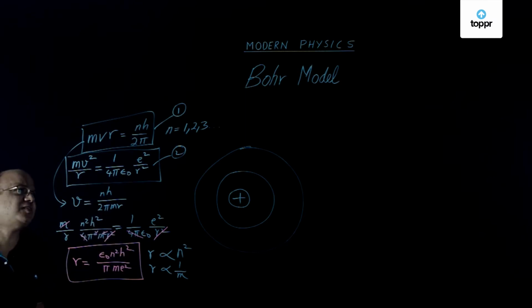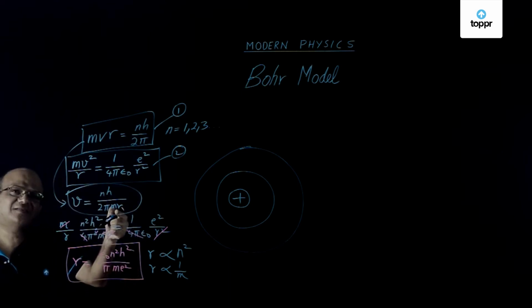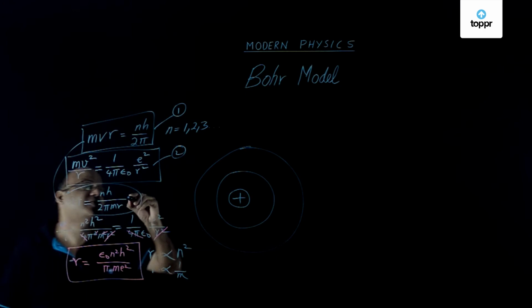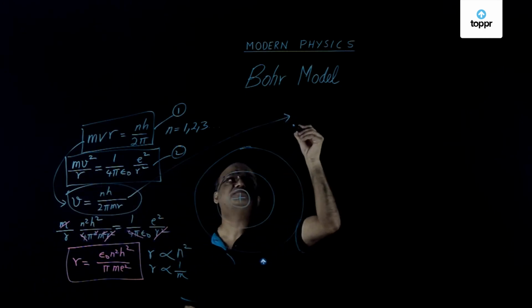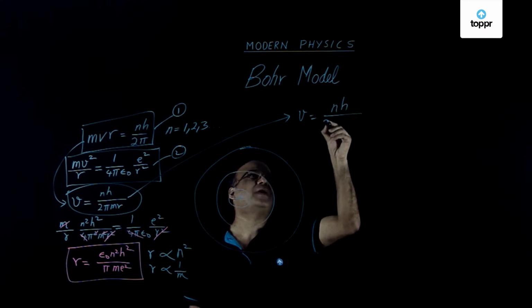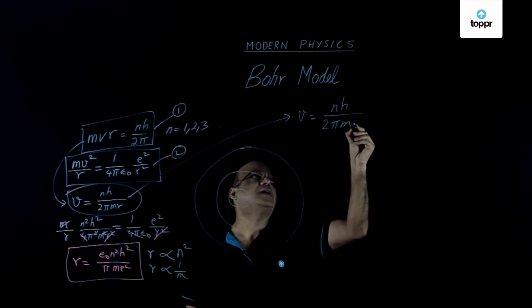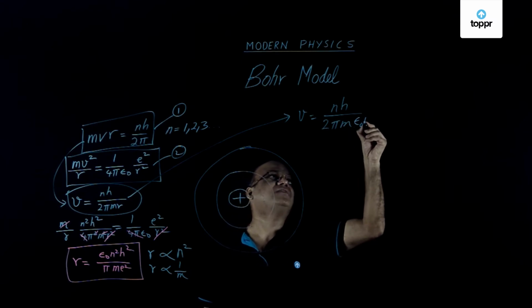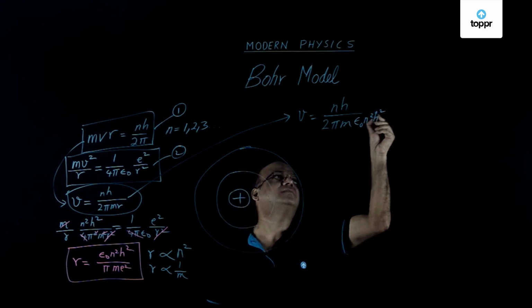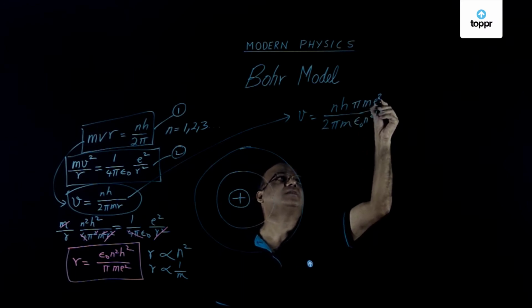Now I want to get velocity. Velocity is here, but we have r here, so we want to get rid of r. So we'll take it here. v becomes nh by 2 pi m r. r is here: epsilon naught n square h square by pi m e square.